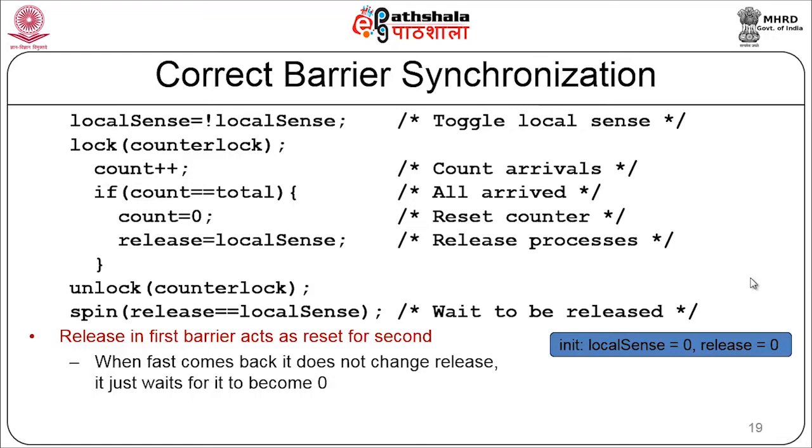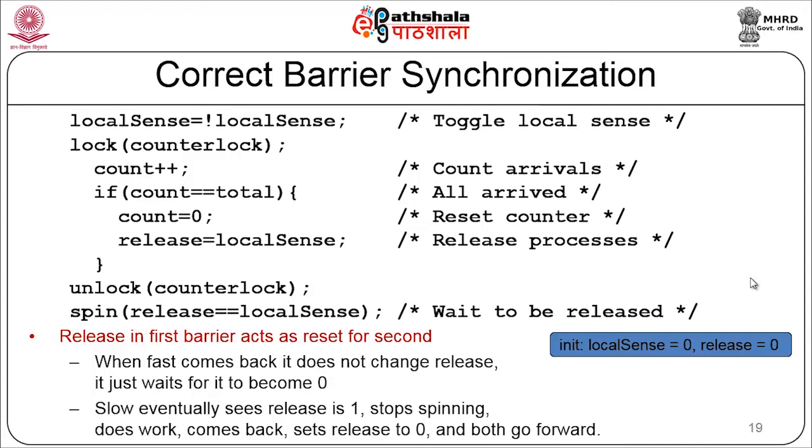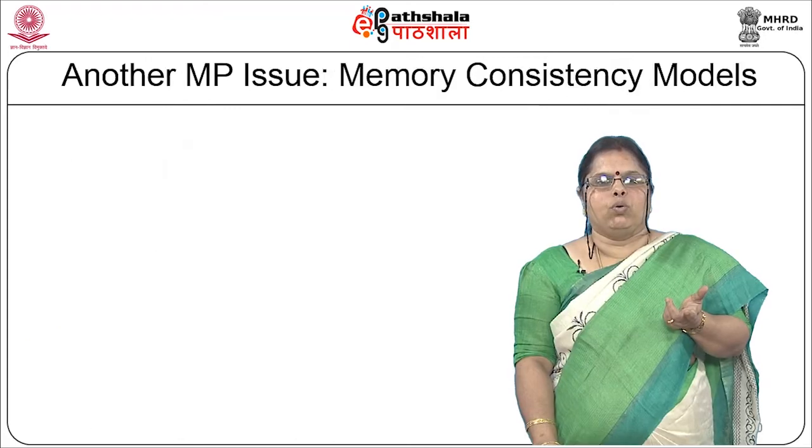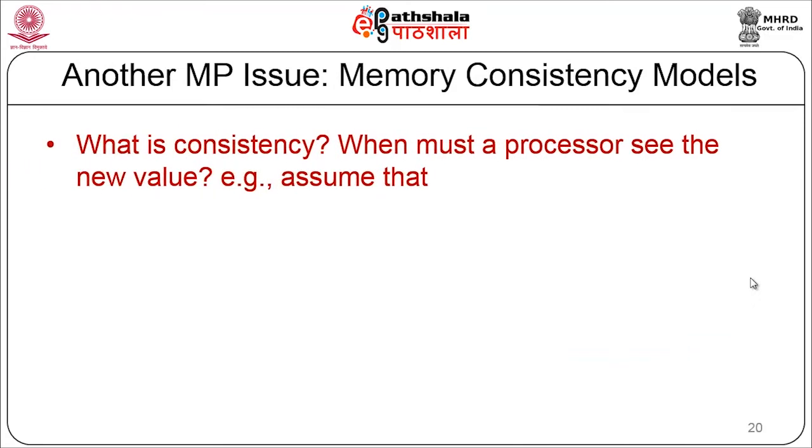Using this sense reversing protocol, you make sure that the problem we encountered earlier does not repeat. When the fast process comes back, it does not change the release, it just waits for it to become 0, and the slow process eventually sees release is 1, stops spinning, does work, comes back and sets release to 1, and both of them go forward. That is how the sense reversing protocol can help avoid the problem associated with barrier synchronization.